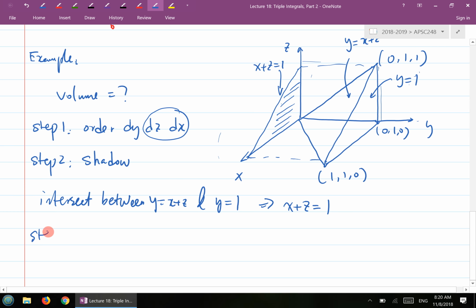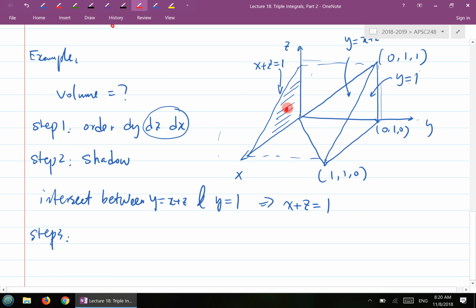Let's follow this. The next step now is to find the limits. Once we have the shadow, you pick a point inside the shadow. Then you draw an arrow line in this order. It's y first, so we draw an arrow line in the positive y-axis direction. The first contact falls onto the plane. The second contact falls onto the y equal to 1 plane.